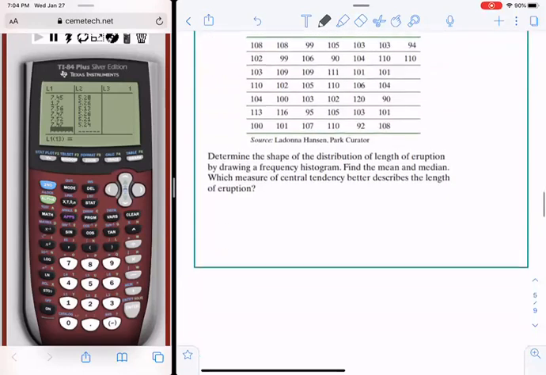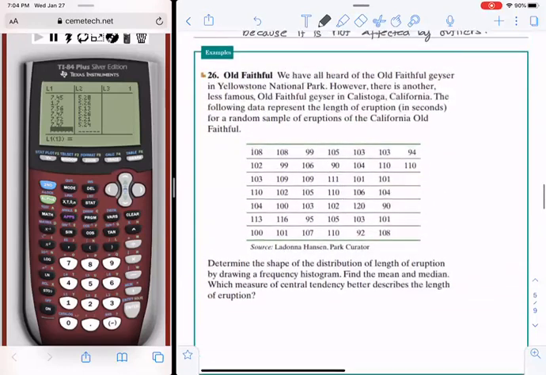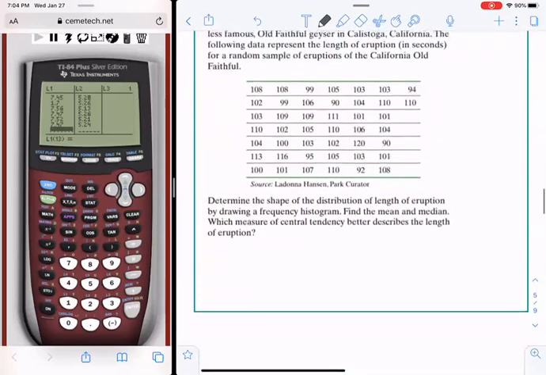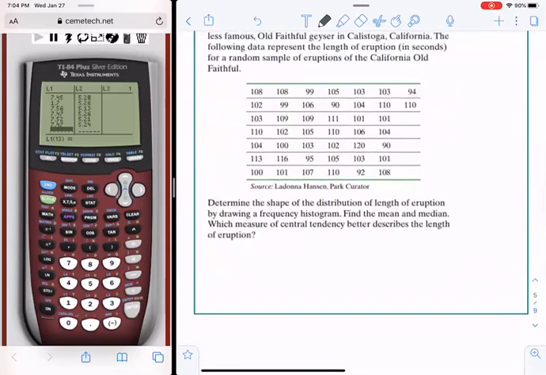So first, we need a frequency distribution. So we did it last time. The smallest value that we see is 90. It's right over there and there too. The largest eruption time that we see is 111.